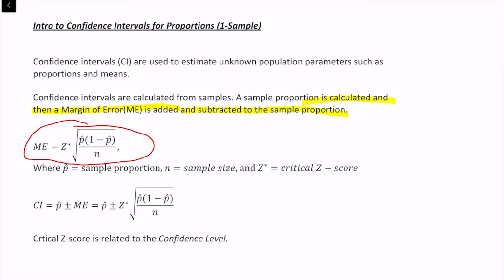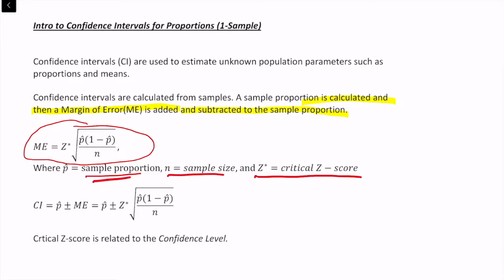Okay, so hopefully some of these symbols are familiar to you. I know the Z star may not be, but P hat, we know that is a sample proportion. N is your sample size. And as I said earlier, Z star is what we refer to as your critical Z-score. And I'll show you how to calculate that in just a second.